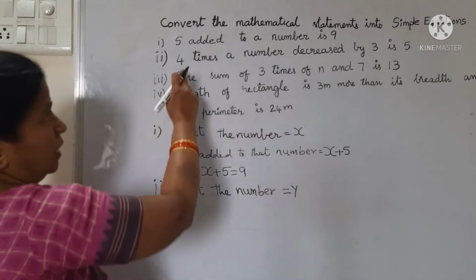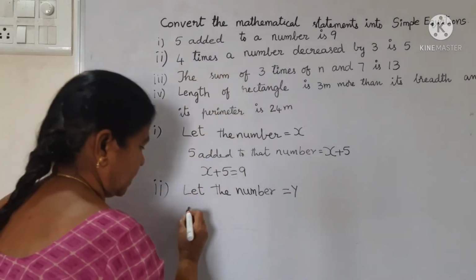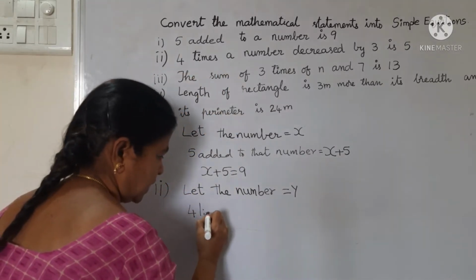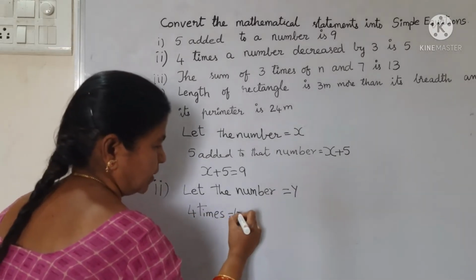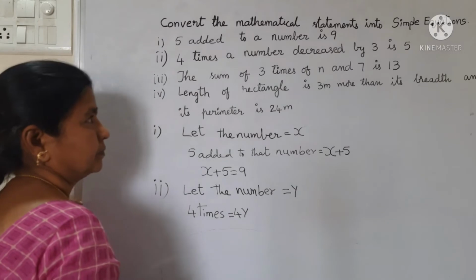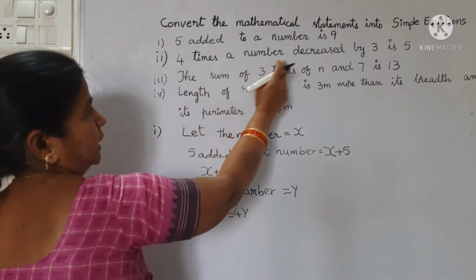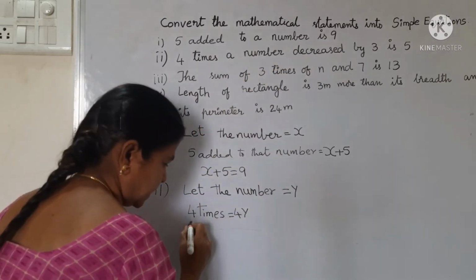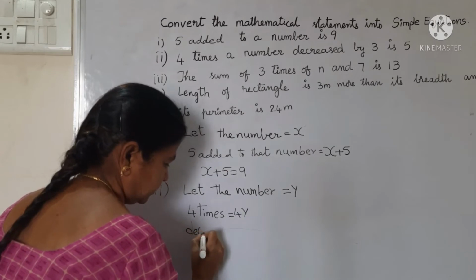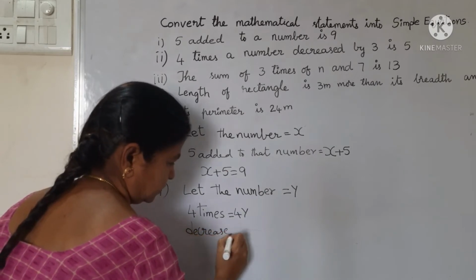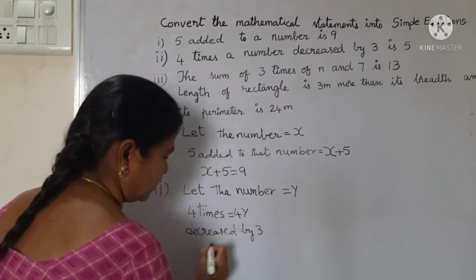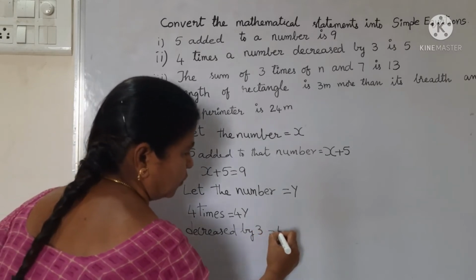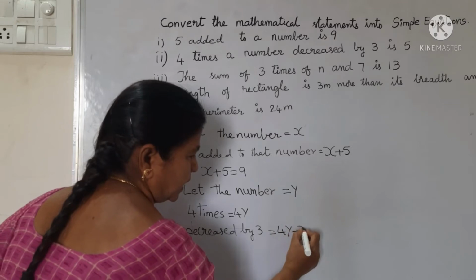Then 4 times that number, what do we get? 4 times that number is 4y. And decreased by 3. Decreased by 3 means what do we get here? 4y minus 3.